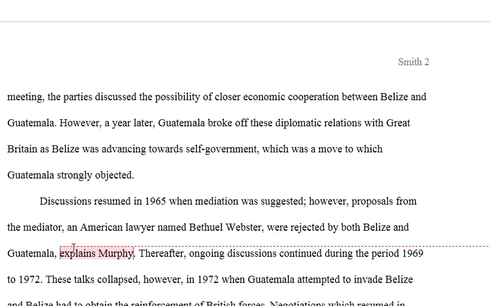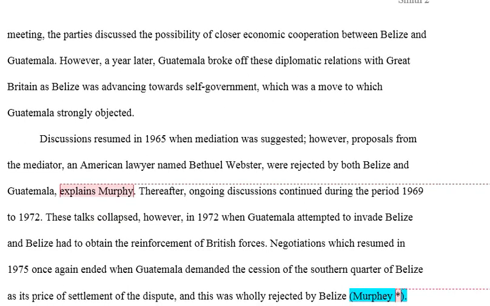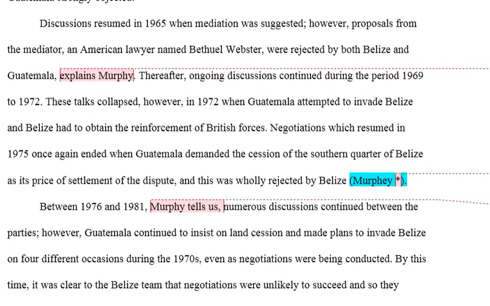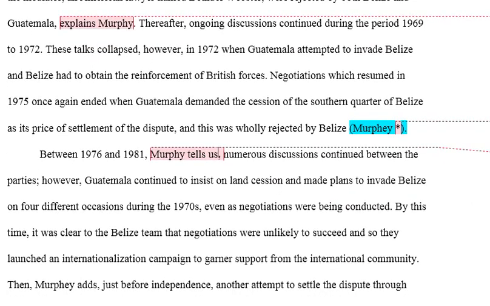"Proposals from the mediator were rejected by both Belize and Guatemala," explains Murphy. So the attributive phrase is presented at the end of the sentence, and he chooses the verb explains rather than repeating states or says over and over. And then in this example here, the attributive phrase is placed in the middle of the sentence, when the writer says, "Between 1976 and 1981, Murphy tells us, numerous discussions continued," etc. In other instances, it can be at the beginning, it can be at the end.